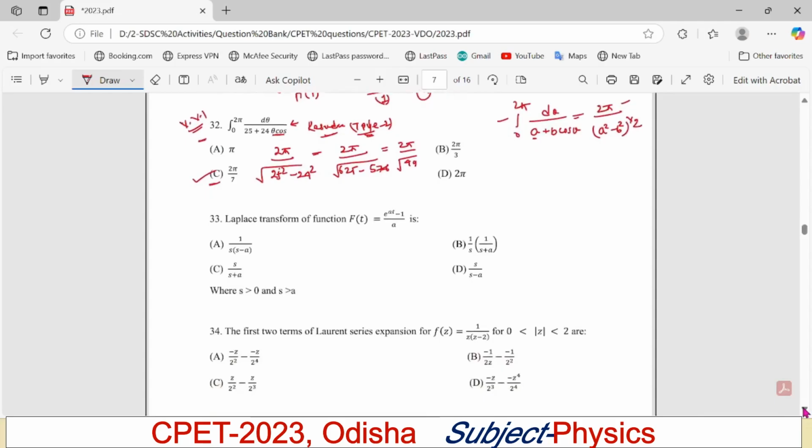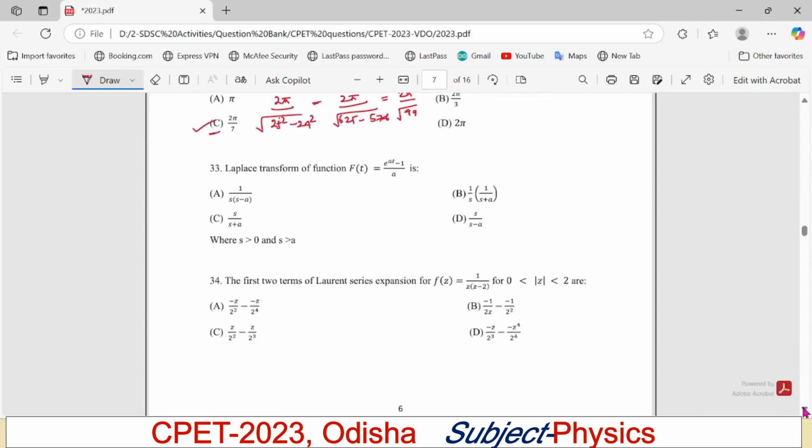Okay, next, question number 33. Laplace transform of the function f(t) equal to (e to the power at minus 1) by a. So we have to find the Laplace transform of this function. Here, the Laplace transform of this is Laplace transform of e to the power at by a minus Laplace transform of 1 by a.